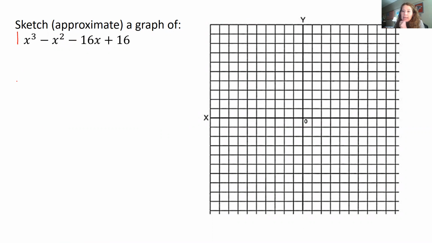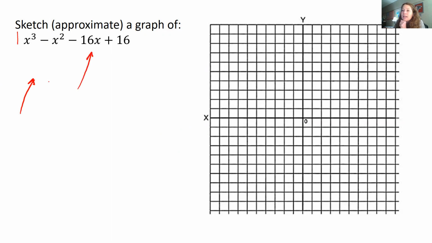So there's a few things we can be sure about. The first thing is, since the leading coefficient is a positive number, our graph will begin and end with a positive slope. So remember, positive slopes go up and to the right. So our graph will begin going up and to the right, and it will end going up and to the right.